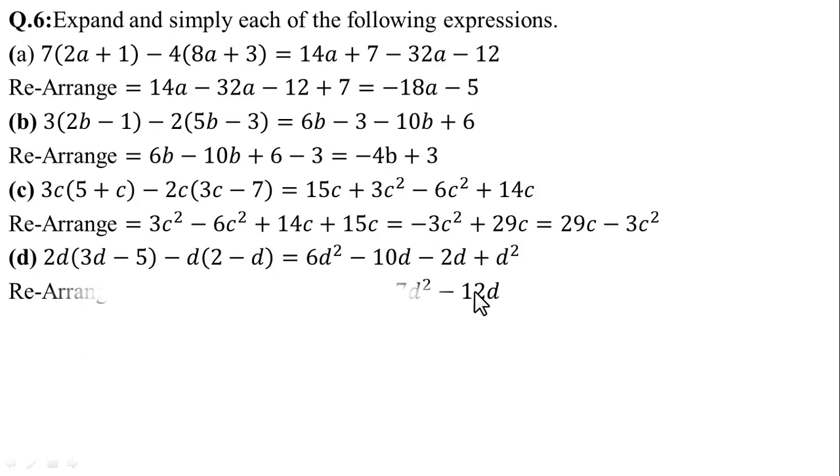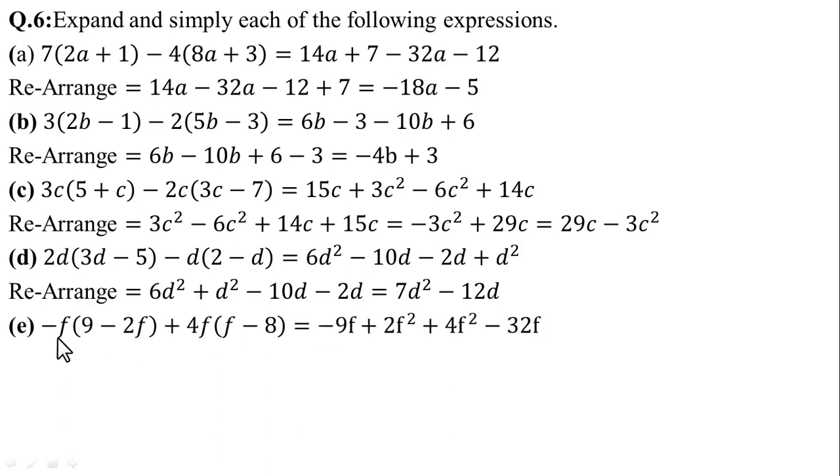Now rearrange the values. We have 6d square plus d square, minus 10d minus 2d. 6d square plus 1d square is 7d square, and minus 10d and minus 2d is minus 12d. So the answer of D part is 7d square minus 12d.